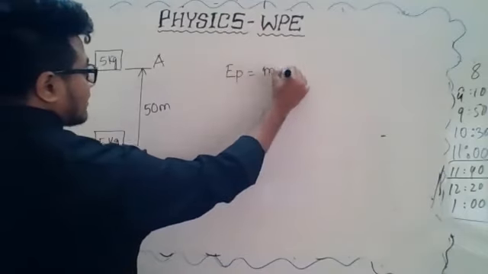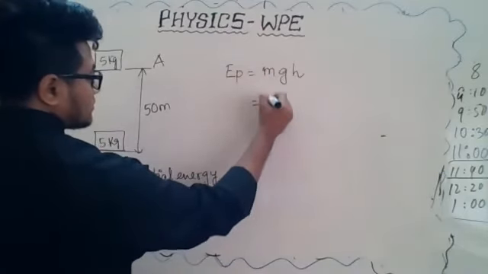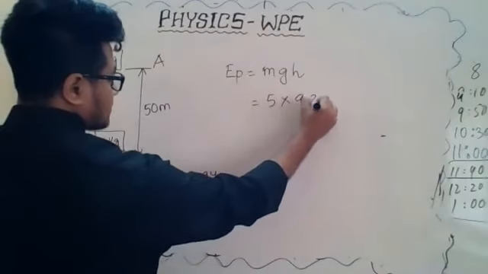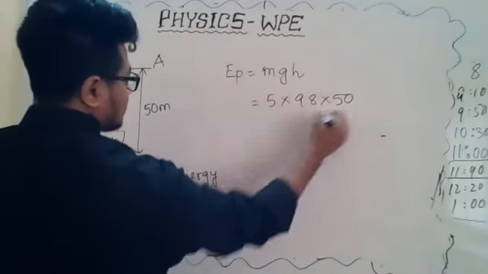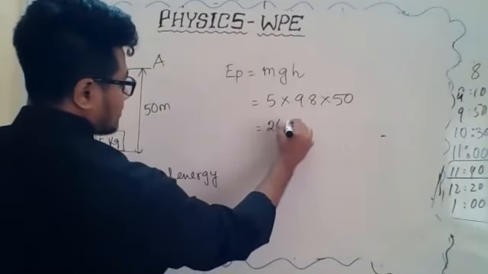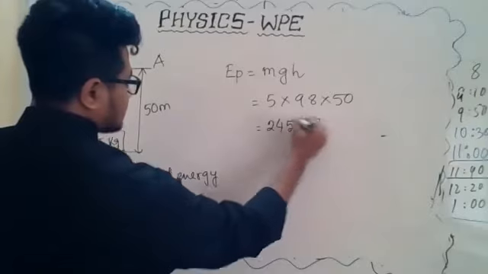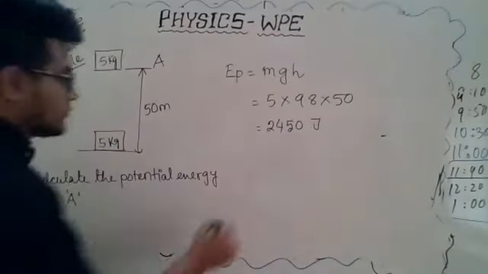So it is mgh. m is the mass, this is 9.8 and this is 50. If you multiply, you get 2450, and as this is energy, the unit is joule.